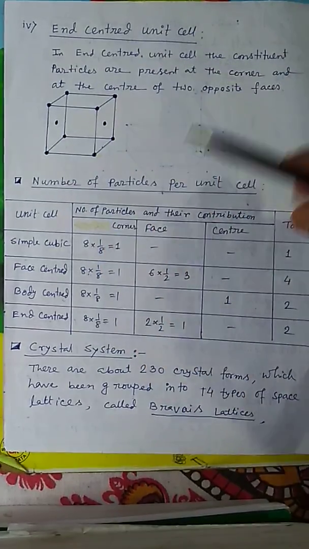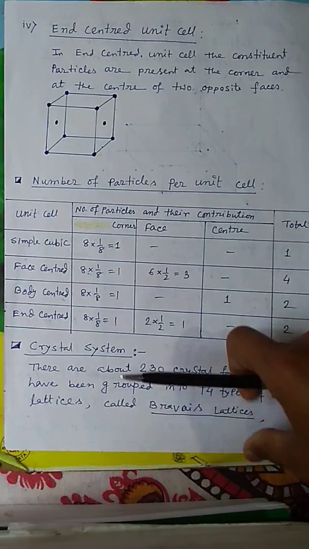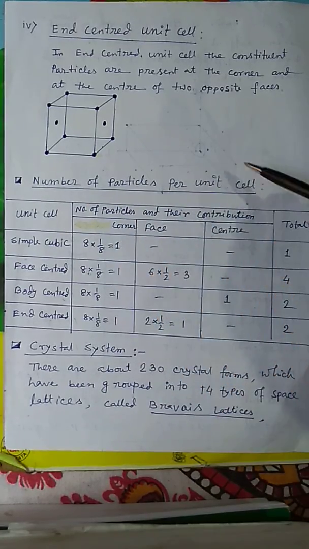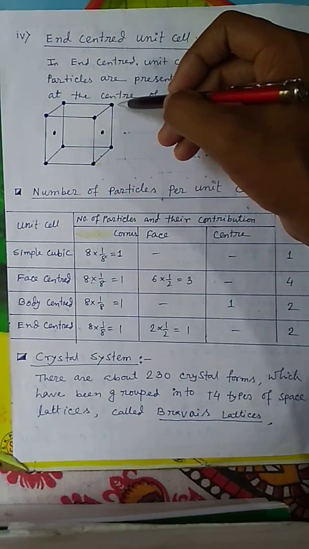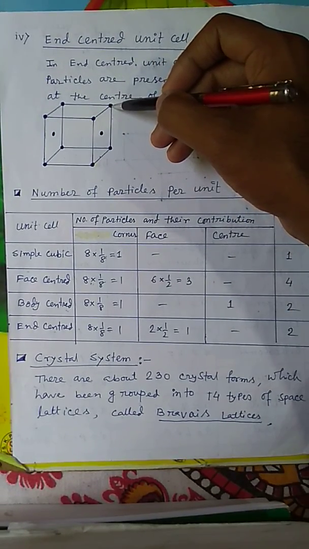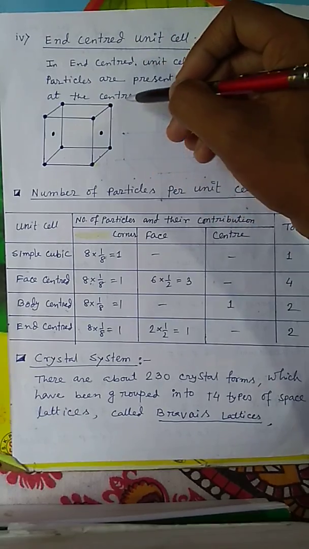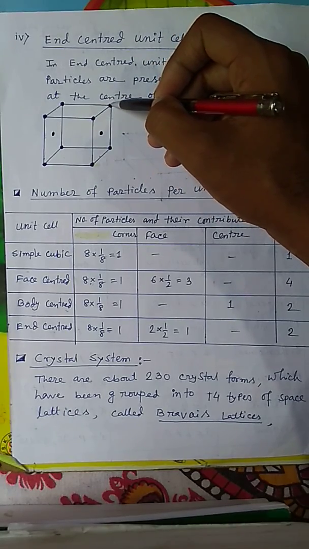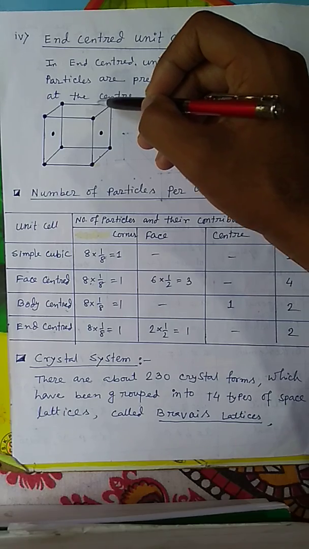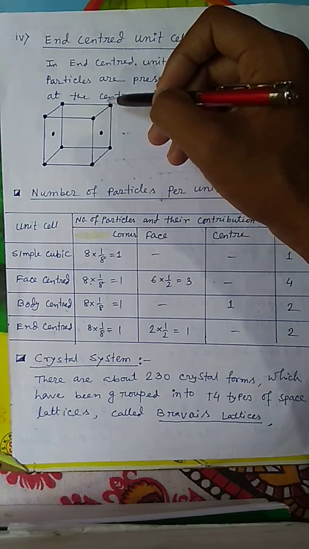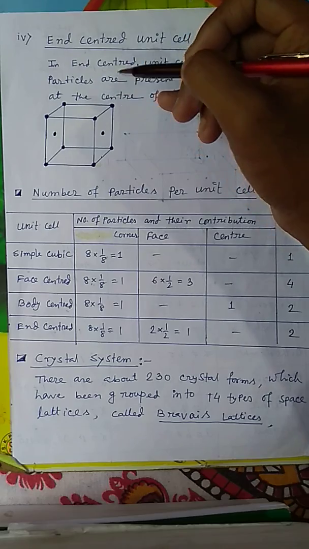Now, calculation of the number of particles per unit cell. Here you have to remember that the particle present at the corner is part of 8 such unit cells. That's why the contribution of this lattice point or particle to this unit cell is 1 by 8.